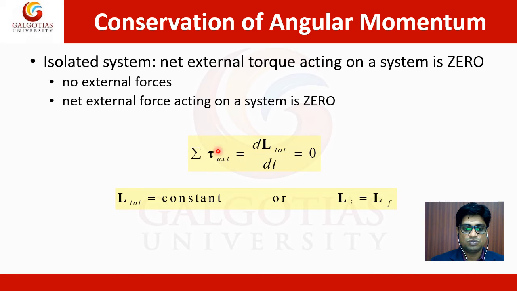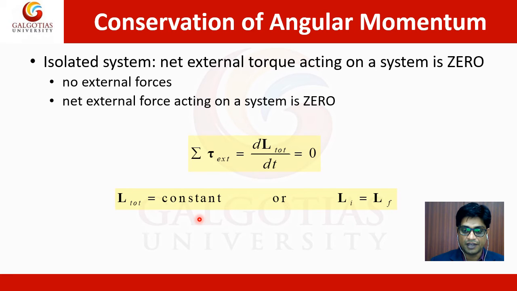If torque is 0, then dL by dt is equal to 0. If the differentiation of some quantity is 0, then the value of that quantity is always constant. From differential calculus, we know that L is equal to a constant. So we can say that in this way the angular momentum is conserved for that system.